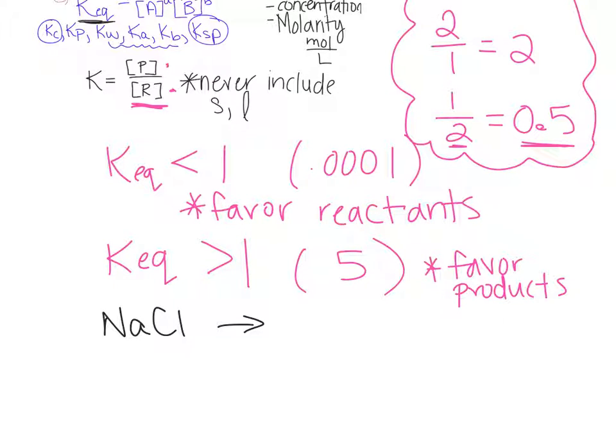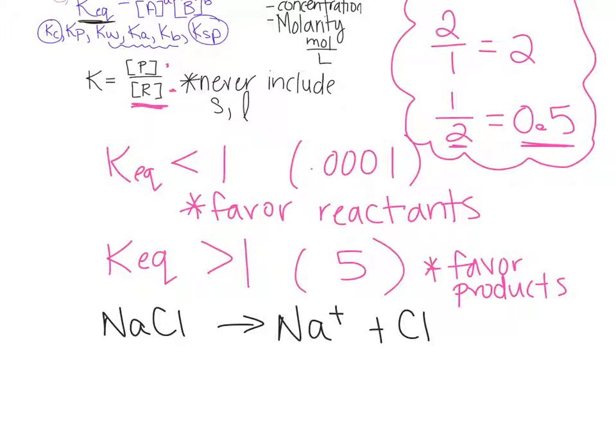Is sodium chloride soluble? Look at your solubility rules. Yes, sodium is group 1, always. If it's soluble, can it dissolve? Yes. When something dissolves, what does that mean? It splits. Good, awesome. That's what I was going for.